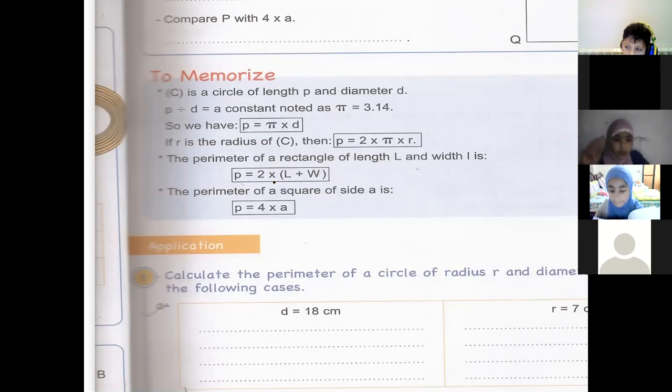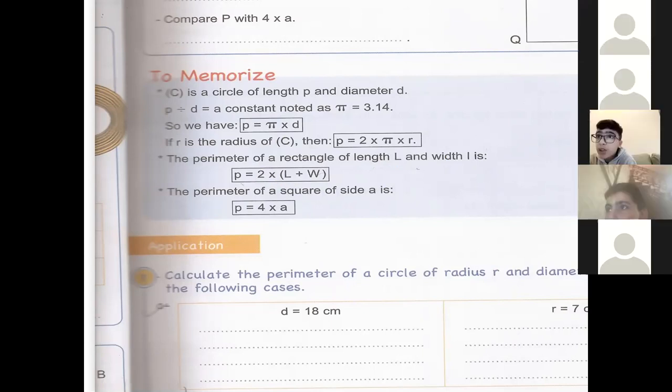Why did we write 2 times, not 4 times? Because it has two equal sides. Every 2 opposite sides are equal. So the perimeter of a rectangle is 2 times length plus width, and the perimeter of a square is 4 times side.